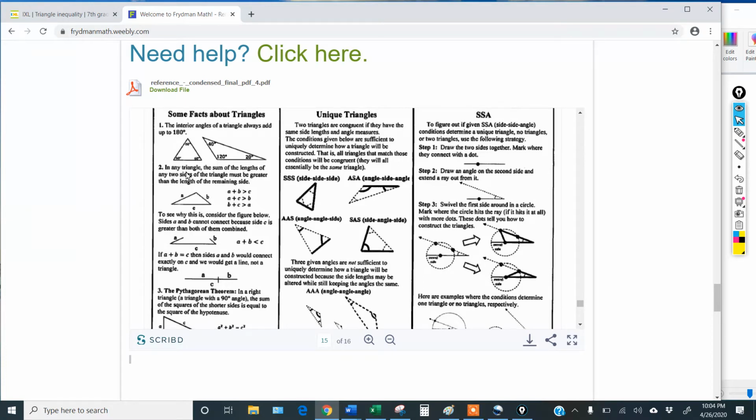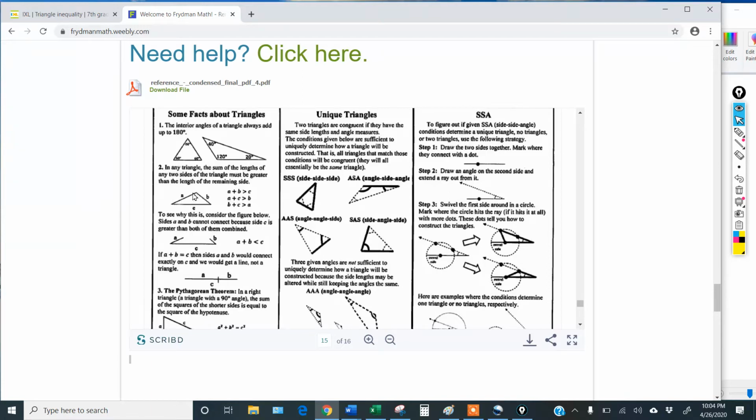In any triangle, the sum of the lengths of any two sides of the triangle must be greater than the length of the remaining side. In particular, the two shorter sides, when we add them together, must be greater than the length of the longest side.